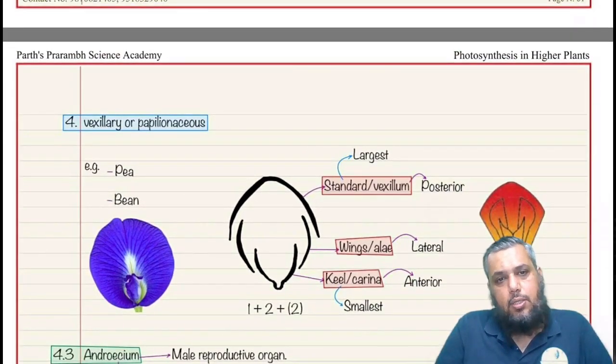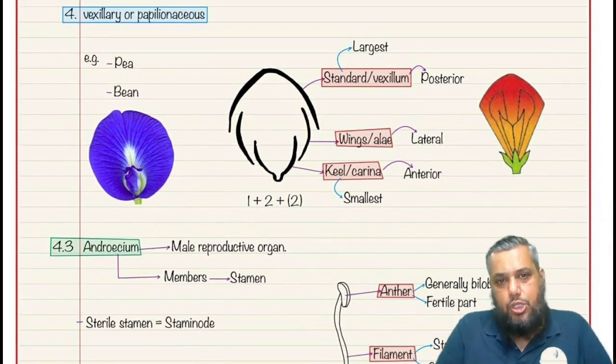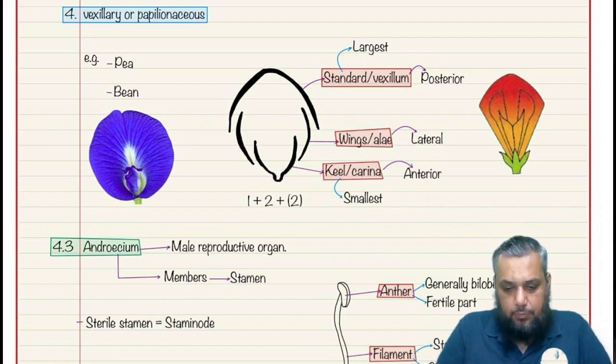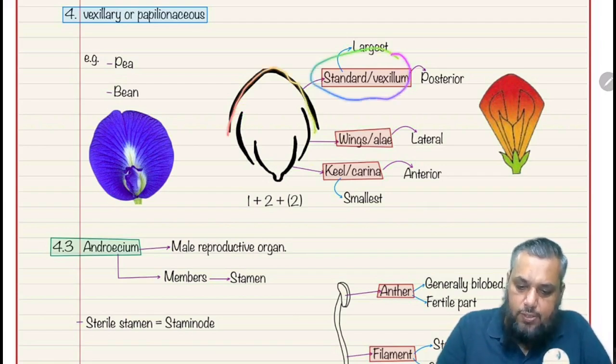The fourth one is the vexillary estivation, which is also called papilionaceous because it is seen in Papilionaceae, like pea, bean family. इसलिए इसको बोलते हैं papilionaceous condition. जहां पे you will see that there is a largest petal called standard or vexillum, which is posterior, which overlaps two on the sides, which are called wings or alae laterally.